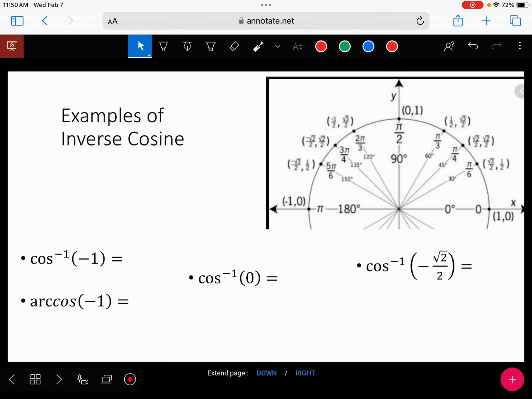Yes, your answers are going to be the radians. That second domain restriction I had you write down, from 0 to pi, those are the range, or your possible answers for the inverse.